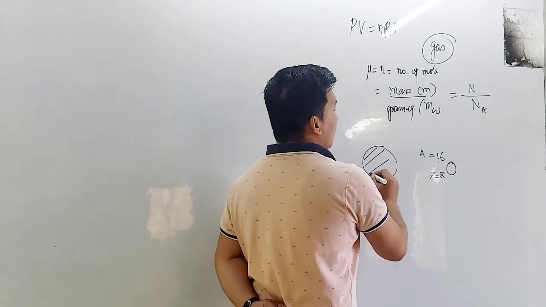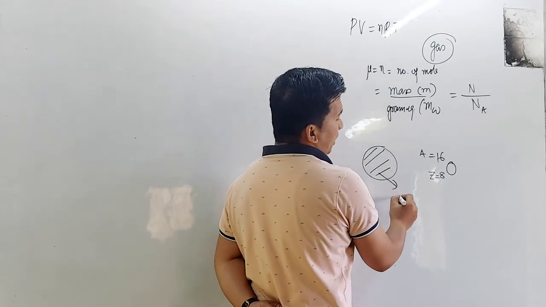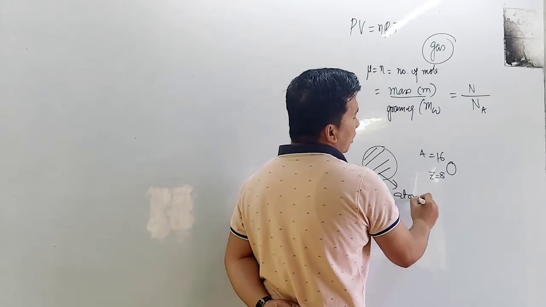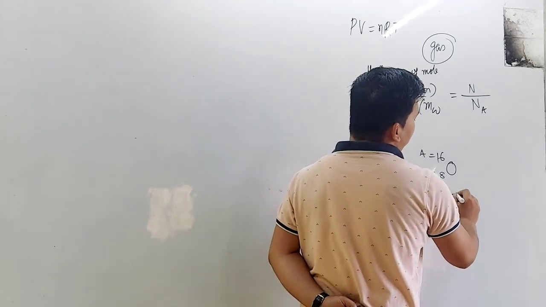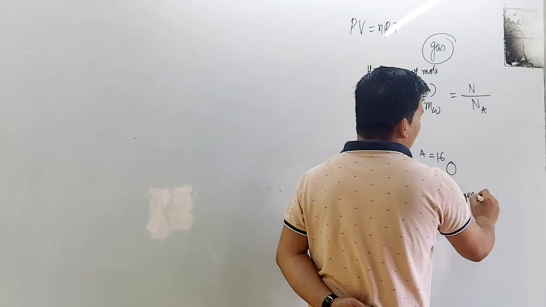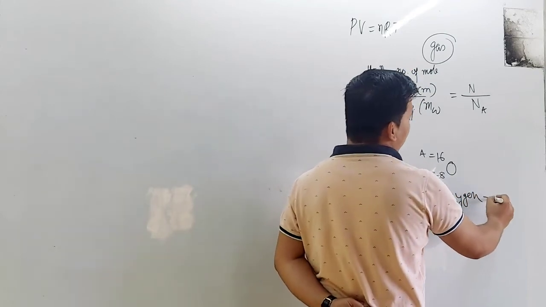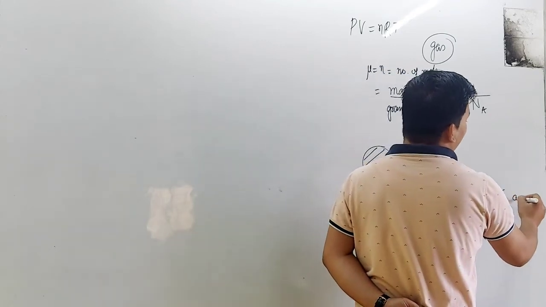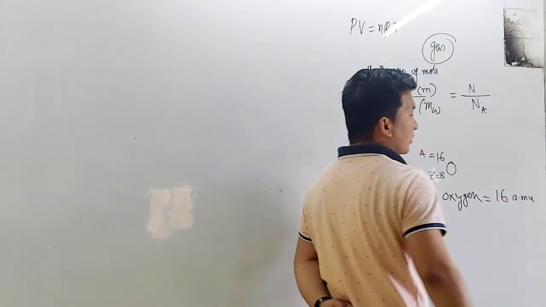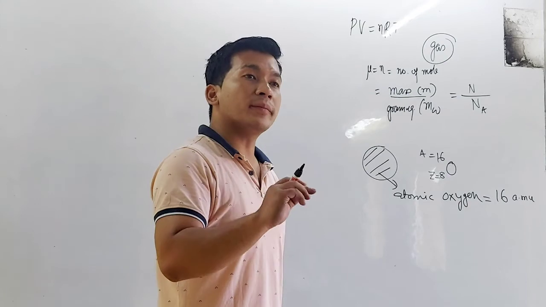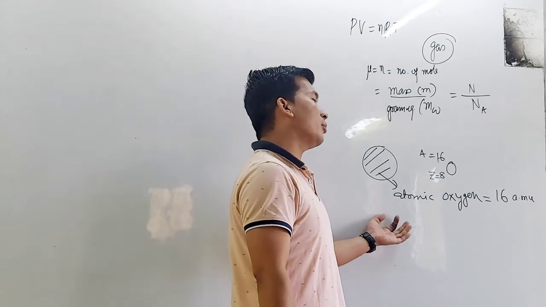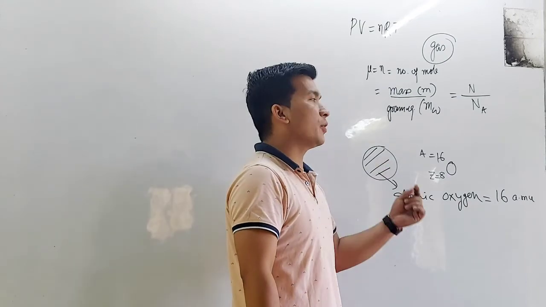This is an atomic oxygen atom. What will be the atomic mass? This will be equal to 16 AMU. But this 16 atomic mass, in real life, we cannot measure it.